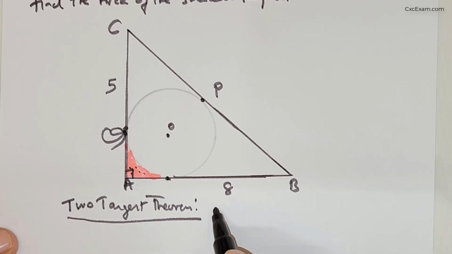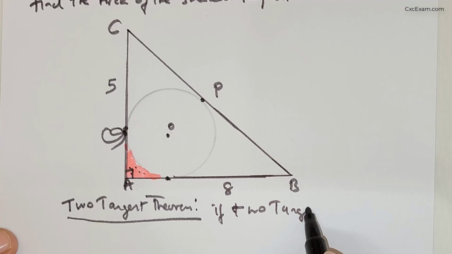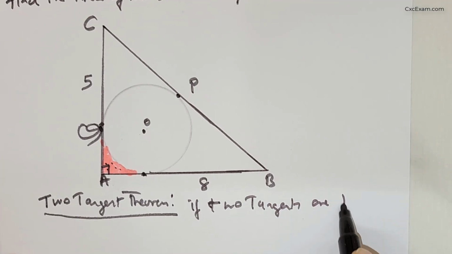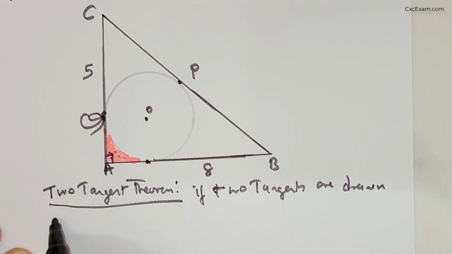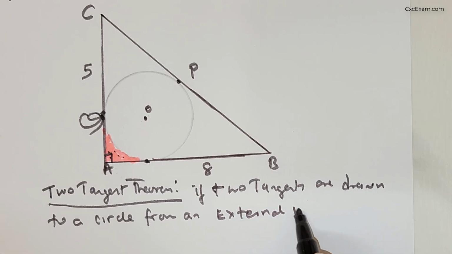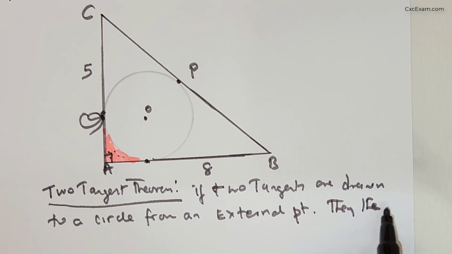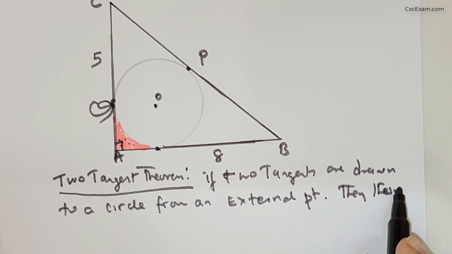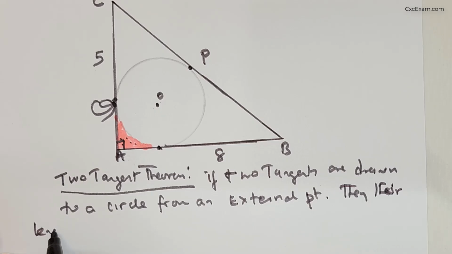So if two tangents are drawn to a circle from an external point, then their lengths are equal.